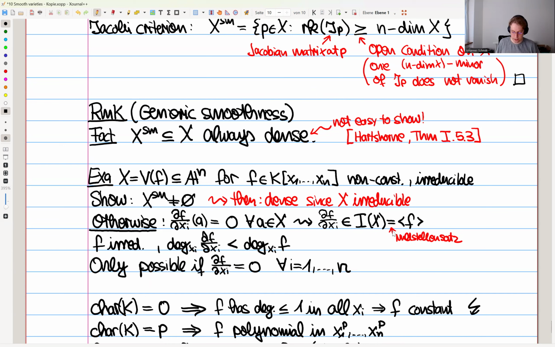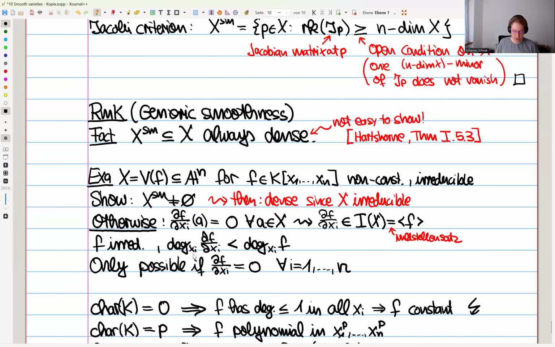But by the Nullstellensatz, the ideal of x is just given by this one equation cutting it out because f is irreducible. And so here we're already seeing this is a bit strange because we have a single polynomial, but then all of its partial derivatives should be multiples of this polynomial. And this is a bit strange, right?